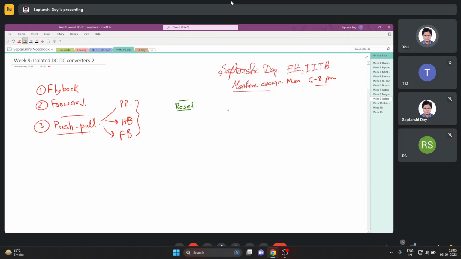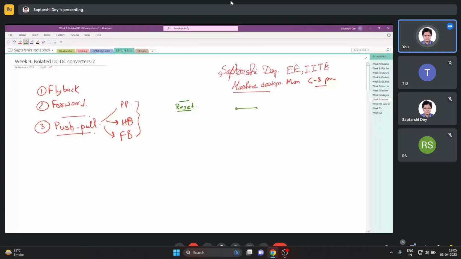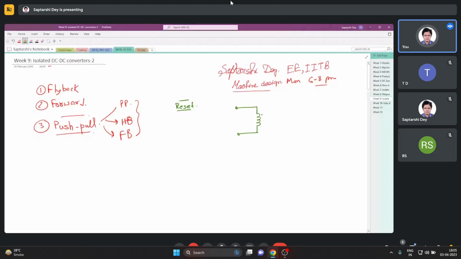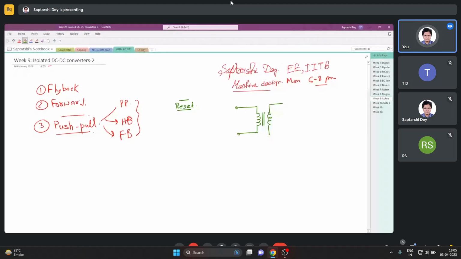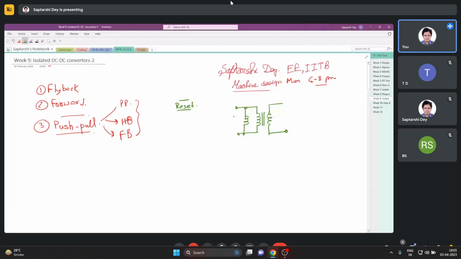So, reset circuitry, we saw that if we have an ideal transformer, it means its magnetizing inductance Lm tends to infinity.